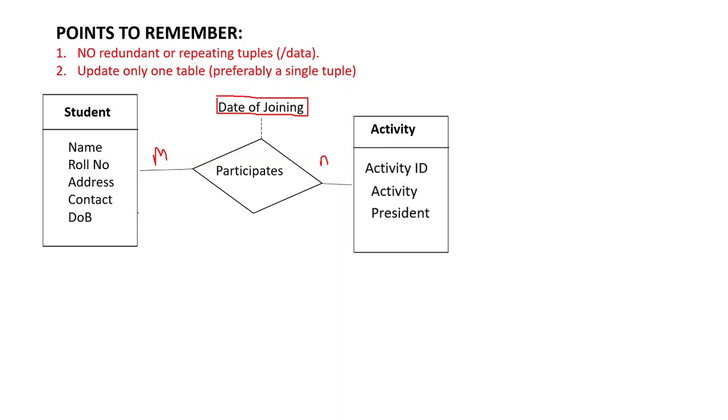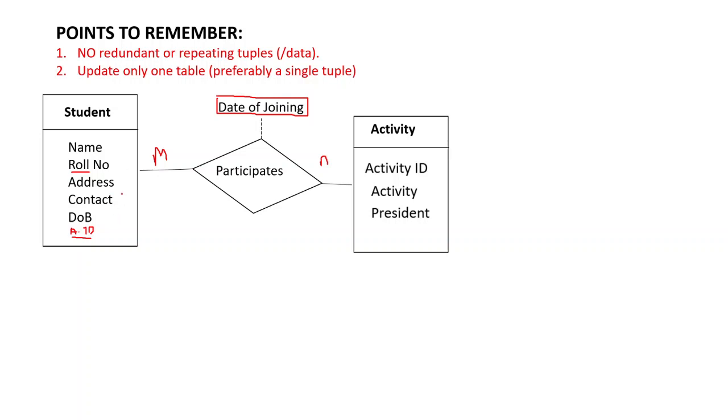Now if we try to accommodate, say, activity ID over here, then for every activity you will need to introduce one tuple. Then you have to make both roll number and activity ID your primary key. So basically you have repeating information. Say a student is participating in 3 or 4 activities.